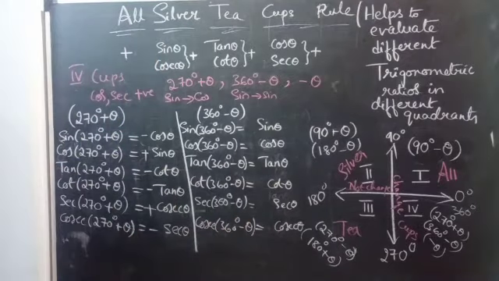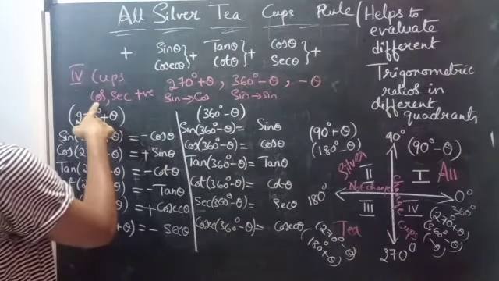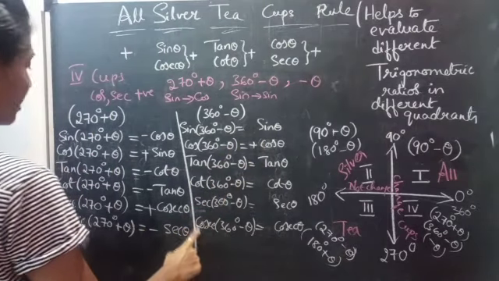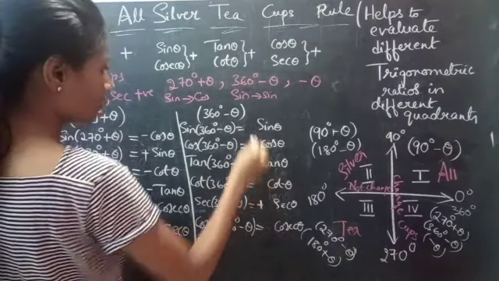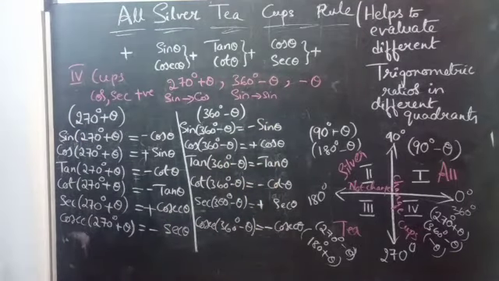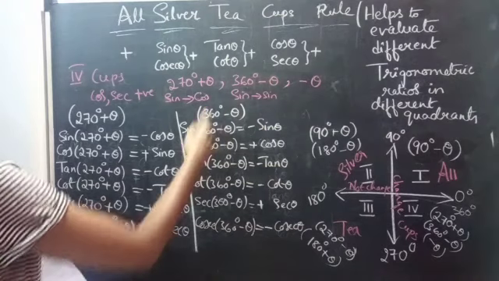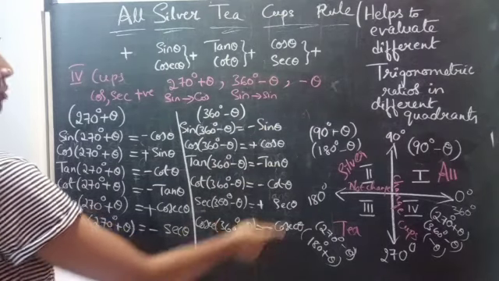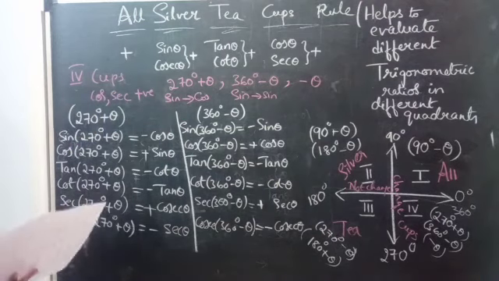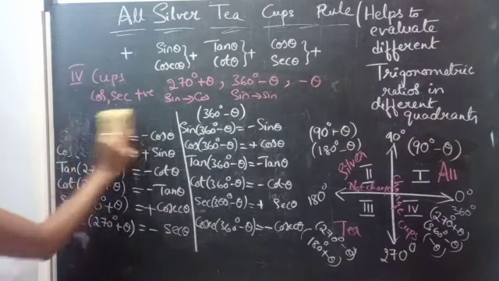And the signs depend upon the fourth quadrant rule, that is, cos and secant are positive, remaining are negative. Okay. Fine. So this is for 360 minus theta, and this is for 270 plus theta. Next for minus theta.